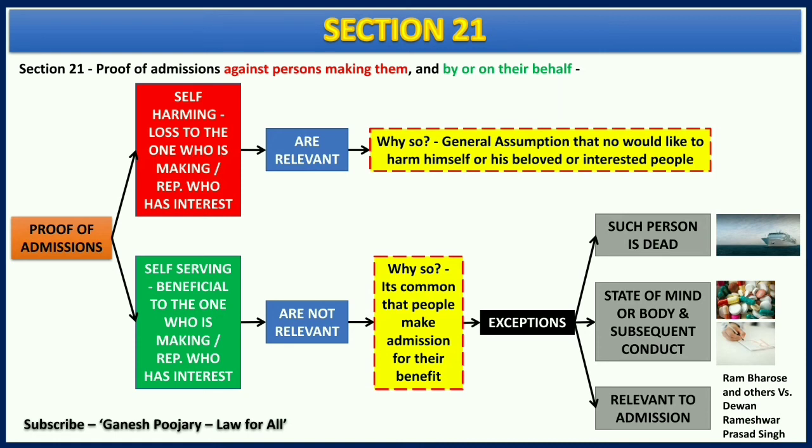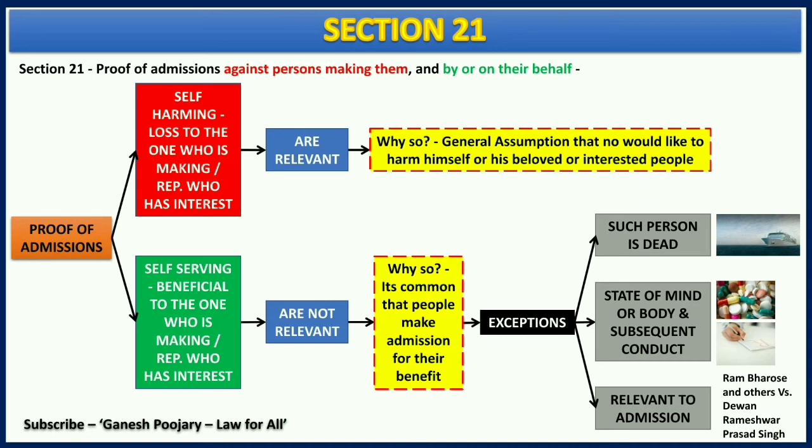What are self-harming admissions? These are the admissions which are made by a person to whom such admissions are going to cause loss, or maybe it is going to cause cost to his representatives who have interest in that particular subject matter.